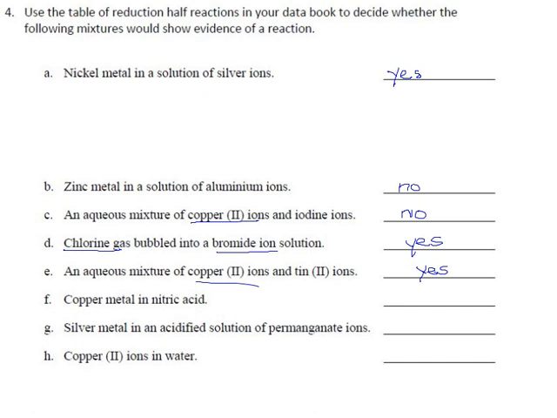Next one's copper metal and nitric acid. Copper. Now, nitric acid is HNO3 aqueous, but when you put it in water, you may know already, if not, trust me on this, it dissociates right away. HNO3s break very easily when they fall in water, and they break into ions.